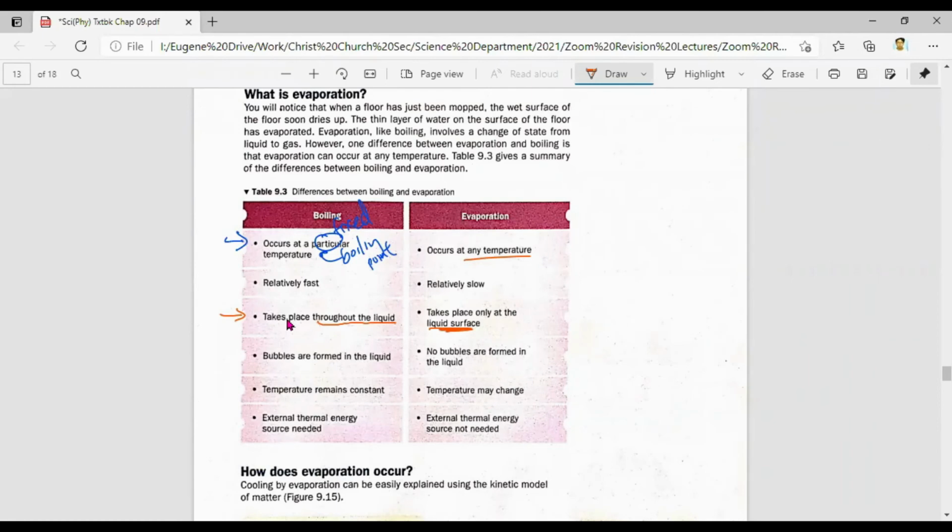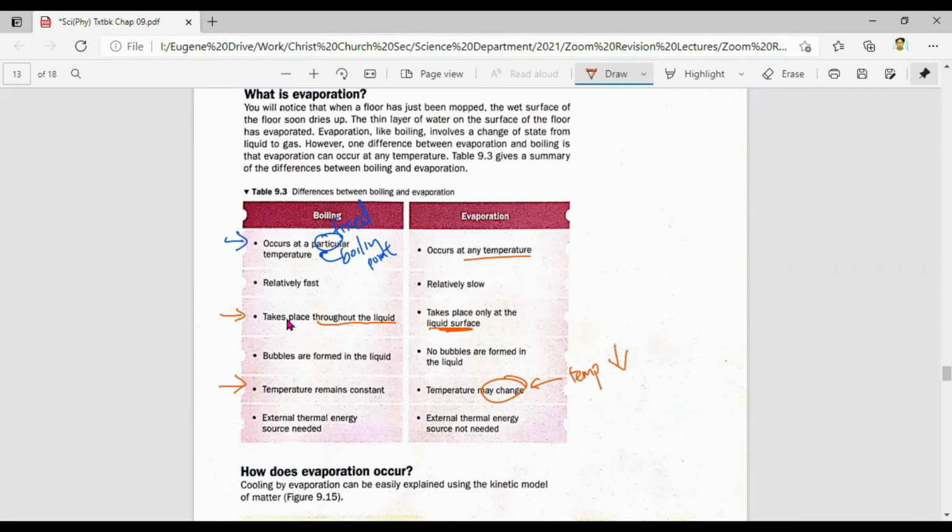Bubbles are just an effect because of the gas. Temperature remains constant during boiling. That's why it happens at a fixed temperature. Whereas during evaporation, the temperature may change. Generally, during evaporation the temperature of the substance decreases. Do take note of this.